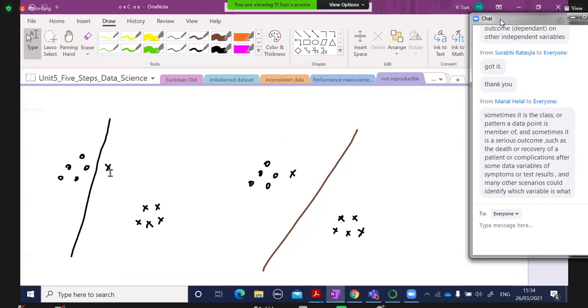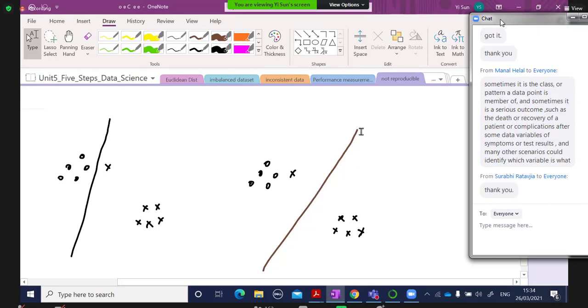So if we put the decision boundary here between the 2 classes, then when we make predictions for a new unseen data point which should belong to this class, it can be misclassified. Rather, we would consider our decision boundary in this position. That means we would like to ignore this misclassification on the training side.